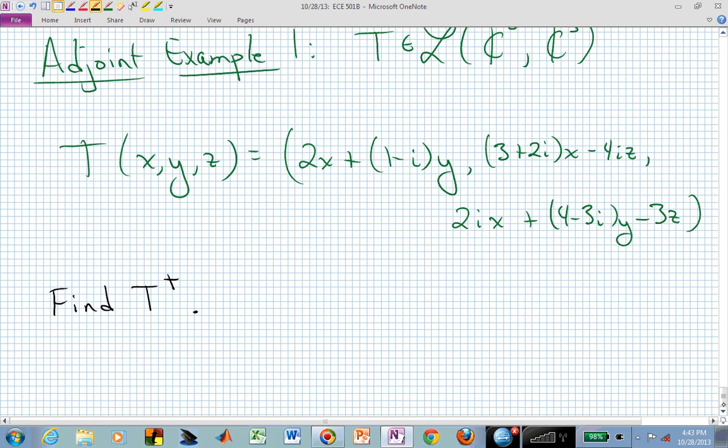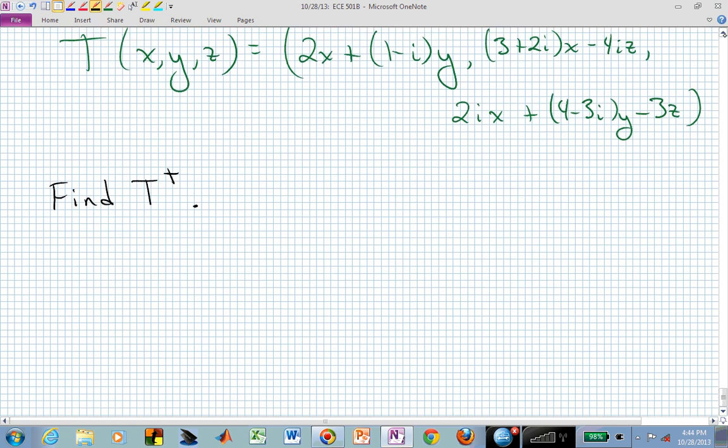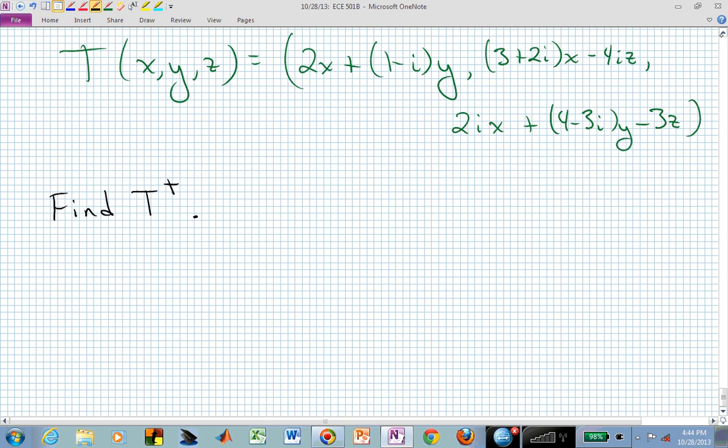If we were looking at the matrix representation of T, what would that look like? Because if we had the matrix representation of T, then the adjoint would be easy. We would just transpose and conjugate that matrix. So now here is our solution.